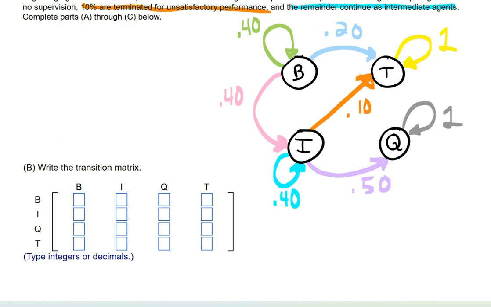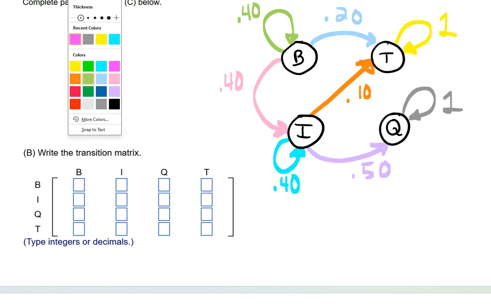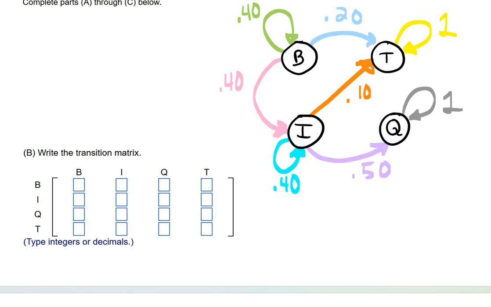And then this part B pops up, which asks you to write the transition matrix. And so when I'm looking at my matrix, B to B is the green number. B to I, there is no B to I. So from B to I, that's a 0. There is no arrow.